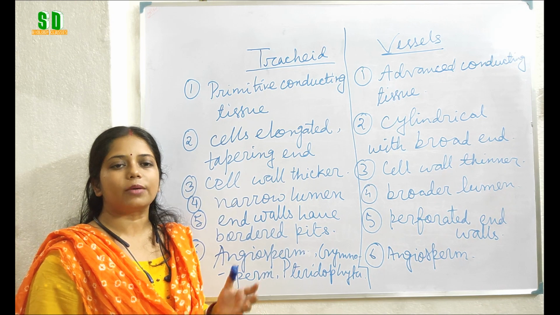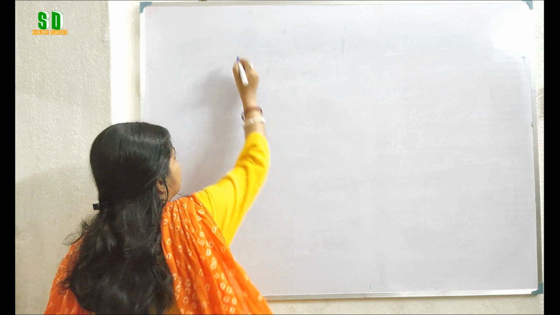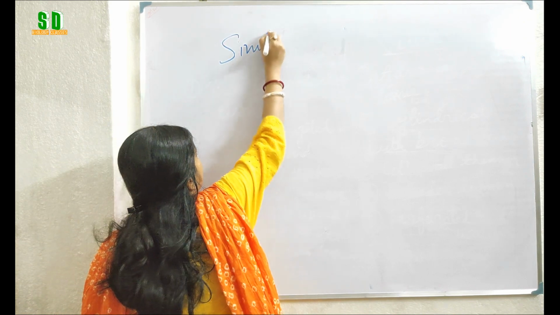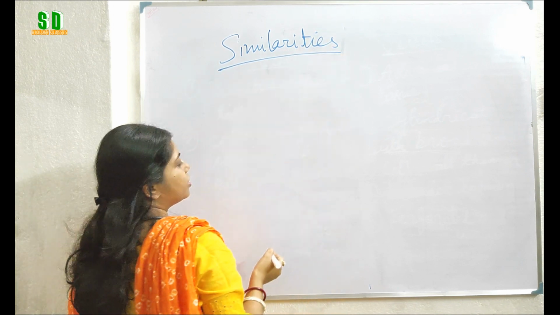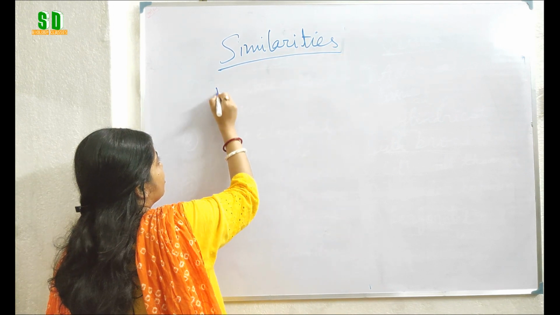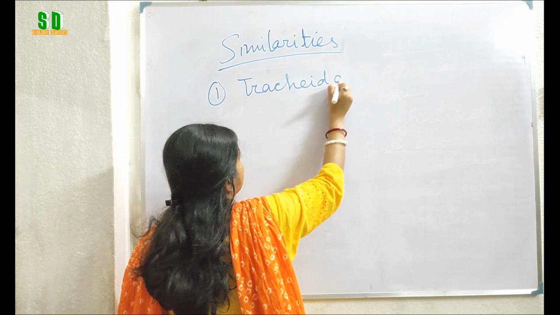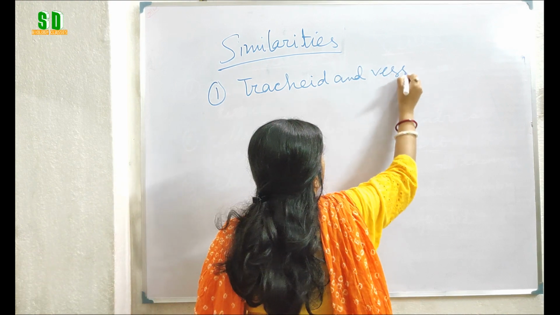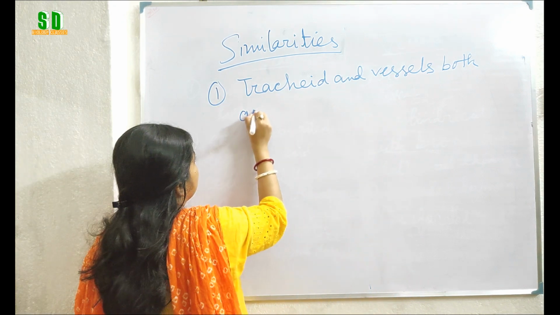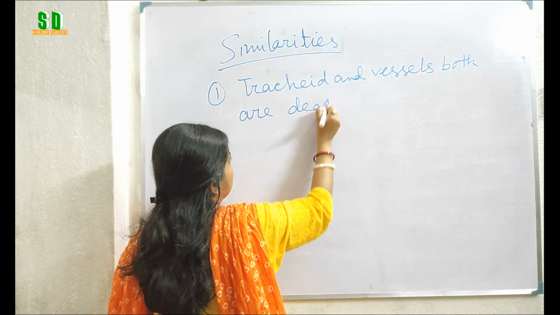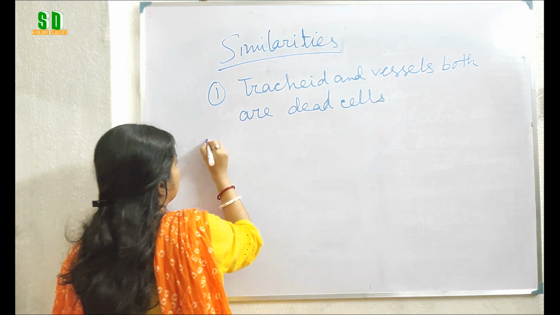Now we will discuss some similarities between trachea and vessels. What are the similarities? First of all, trachea and vessels both are dead cells.